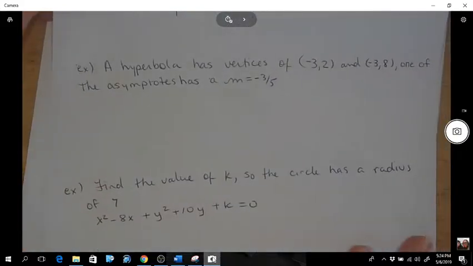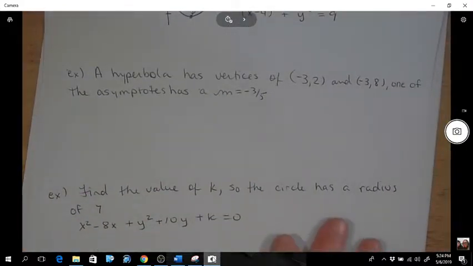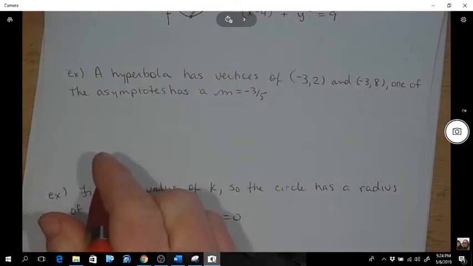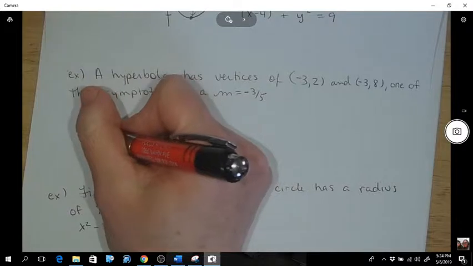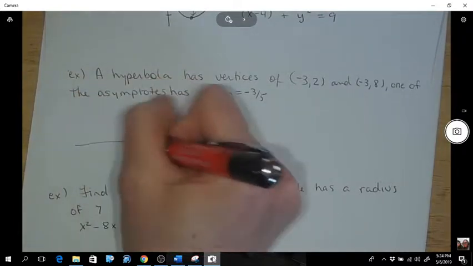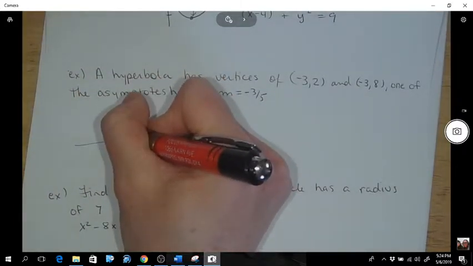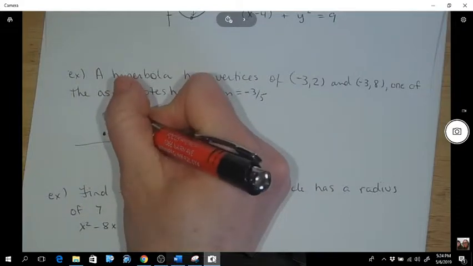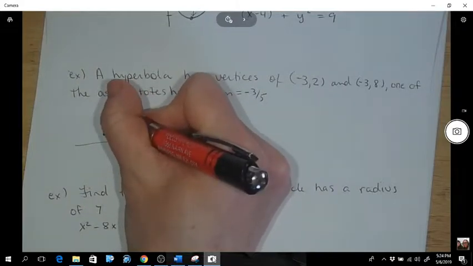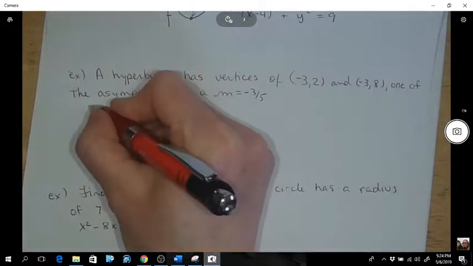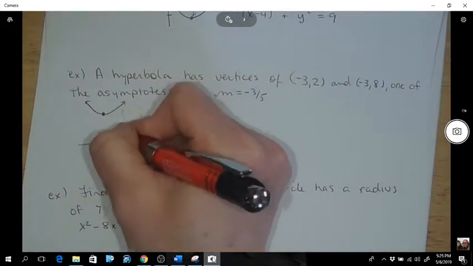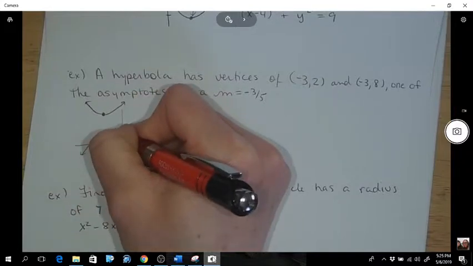Okay, hyperbola, vertices at (-3, 2). So again, I'm a little bit of a visuals person, so I'm going to map this out for myself. So (-3, 2) and (-3, 8). So if those are the vertices, then I know this about it, right?